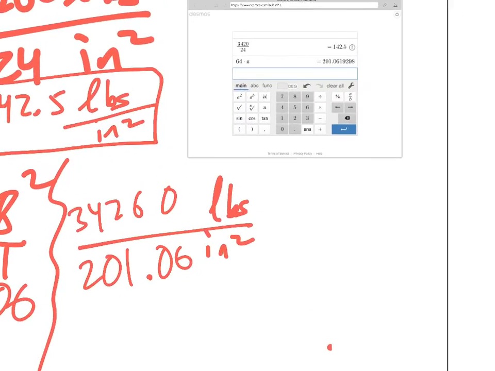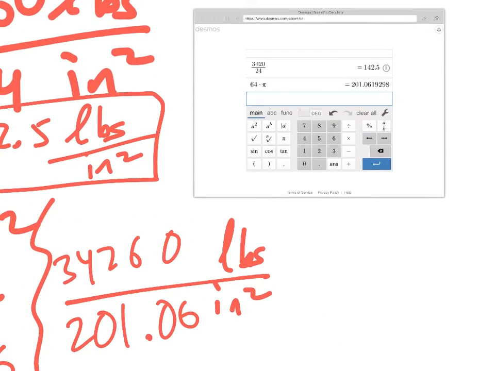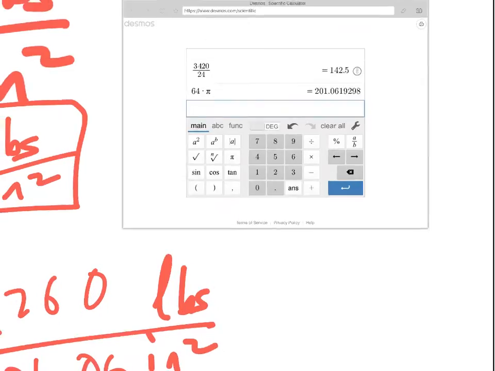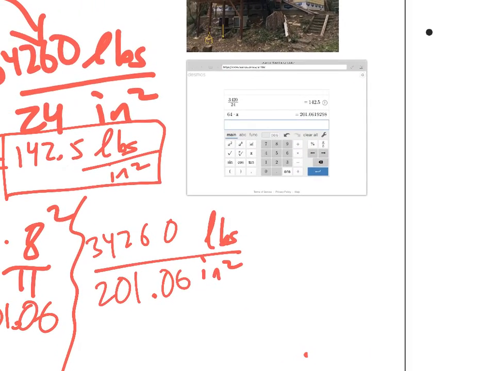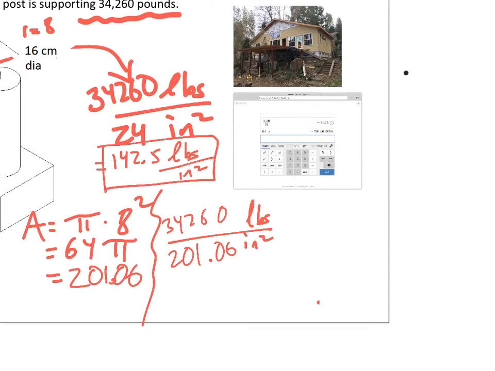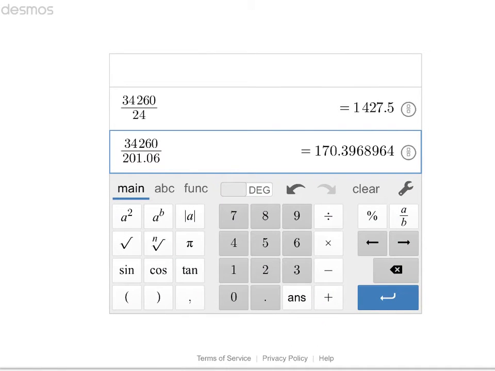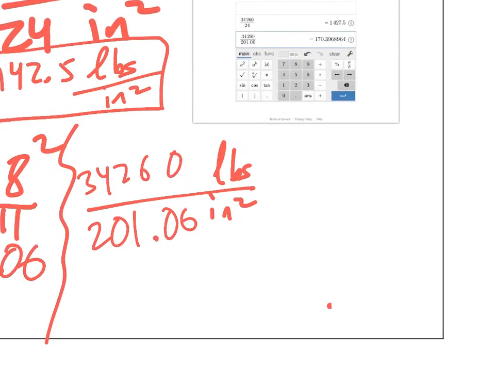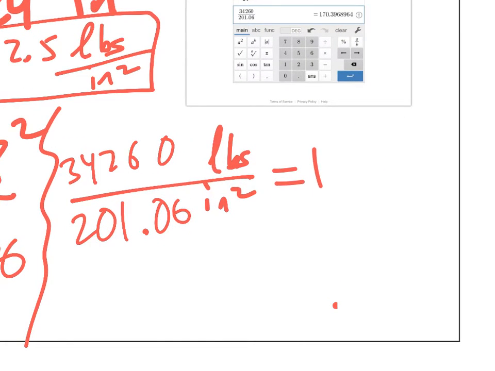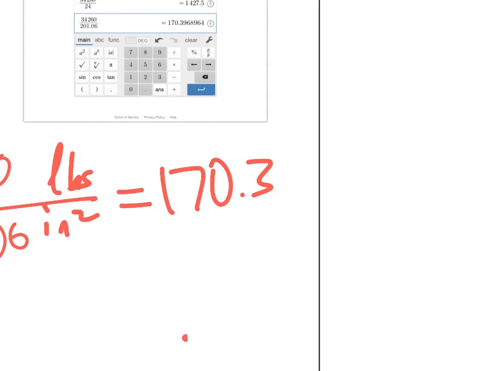Let's see what we get. 34,260. Oh, you know what? Gotta watch out. We have 170.3, and that is pounds per square inch.